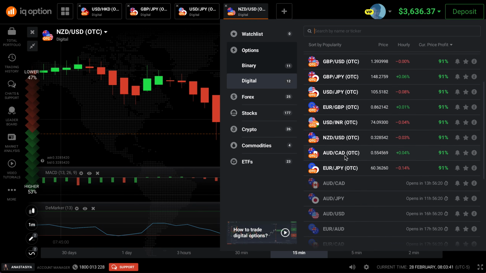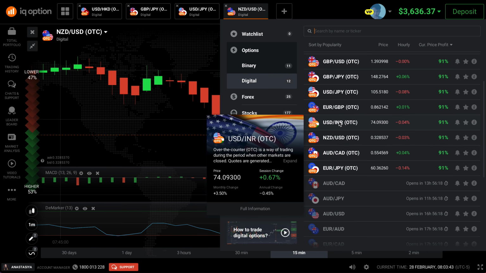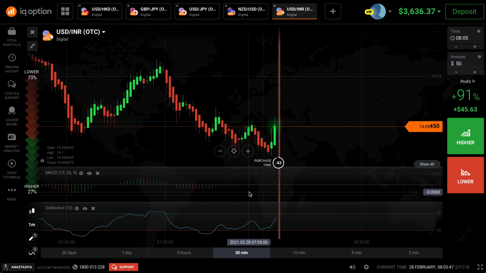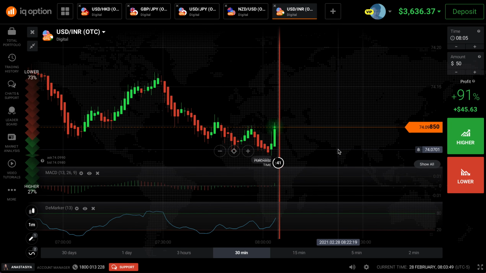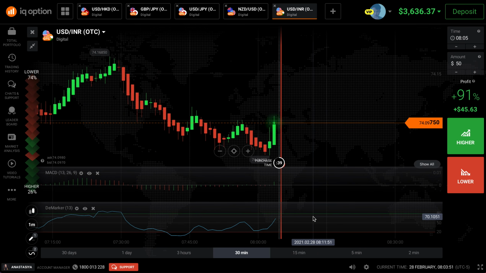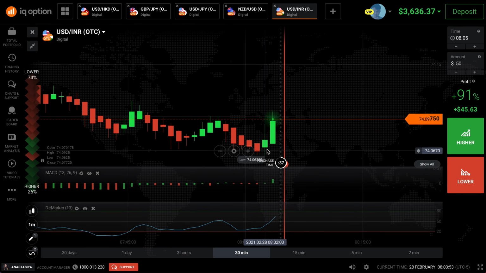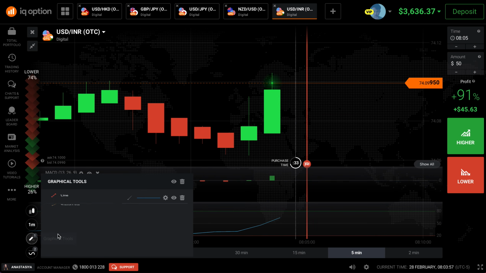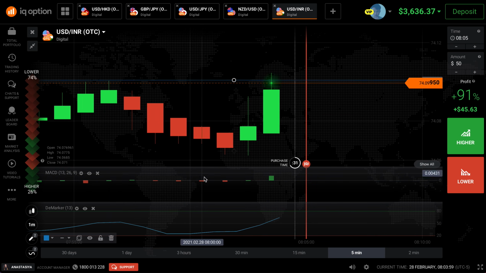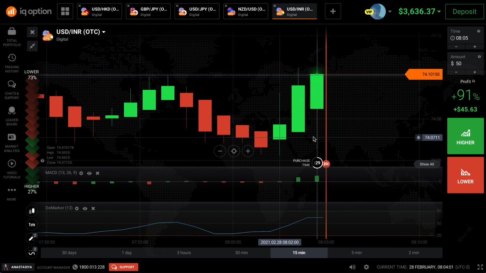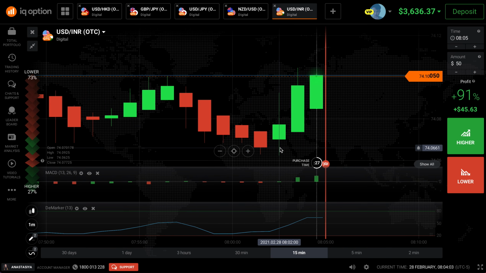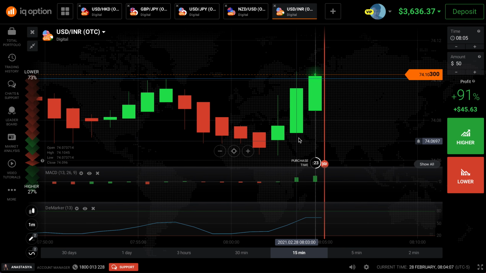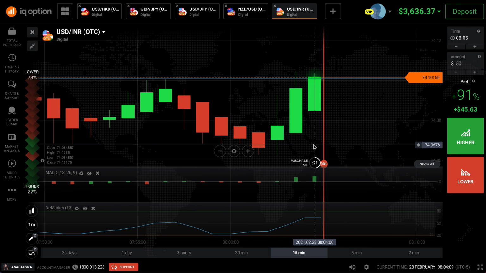Okay, let's look into a different currency. Why not? We go into India. It's USD with India. So it's a huge green right there, but we are late to the party. The green is huge on the top, and then it comes to hit this reversal. The best thing if we catch up the trend should be this first green, and then we go into this one onto the bull.